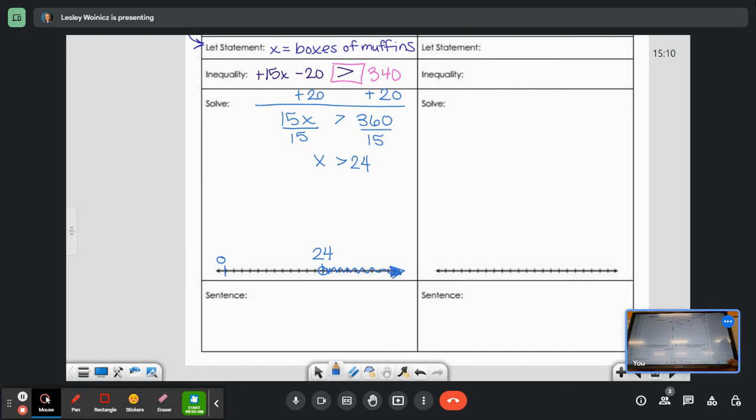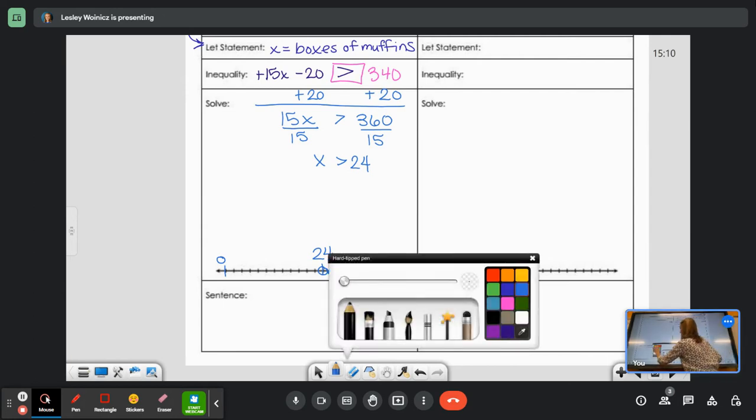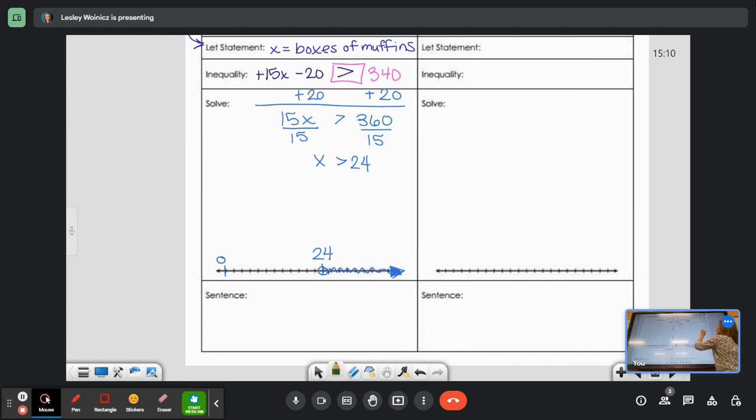Now, I'm going to write an incorrect sentence and you guys are going to help me fix it. It's really close. What's wrong with it?